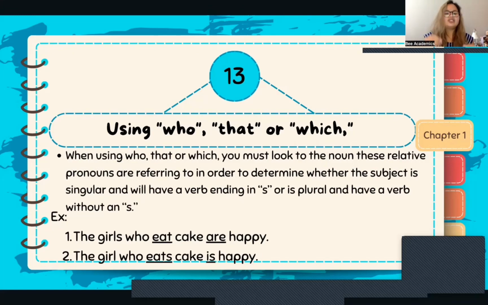Number 2, the girl who eats cake is happy. Okay? Let us consider what these words, who, that, or which, are referring to. And then once we identify that, we can make a decision on what kind of verb we're going to use, if it's with an S or without S.